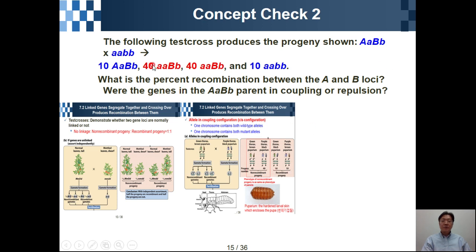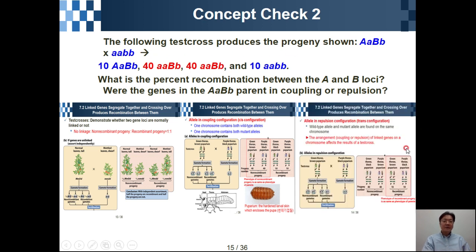Here, 40 is the non-recombinant progeny, because usually the non-recombinant progeny predominate. So the phenotype of the non-recombinant is different from the phenotype of the parents. It means that the genes are in the trans configuration.